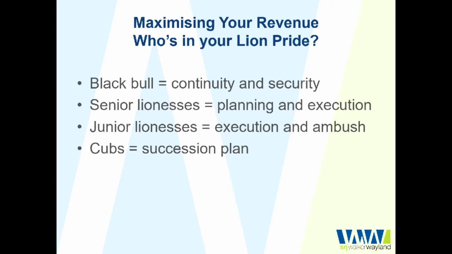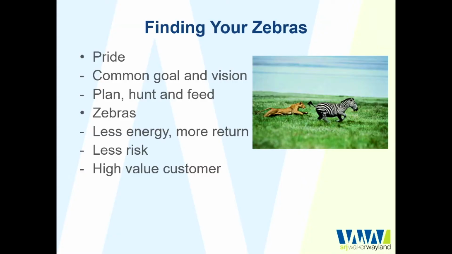So we need to figure out who's who in our team to help us find our zebras. So if we're thinking about our zebras, we need to think, who are the customers that give us more return for less energy? So our less risky customers are those that pay better. So we want to focus on the key characteristics of our high value customers.